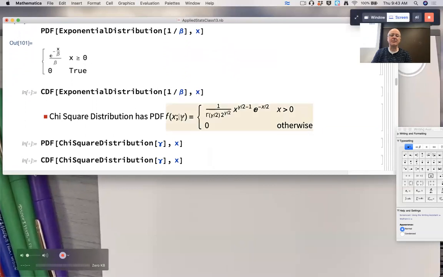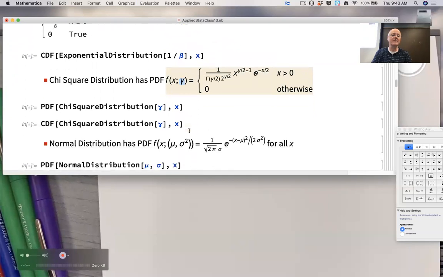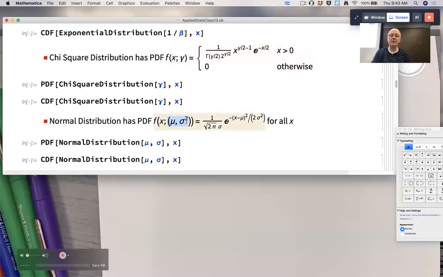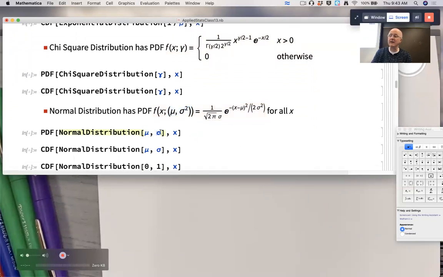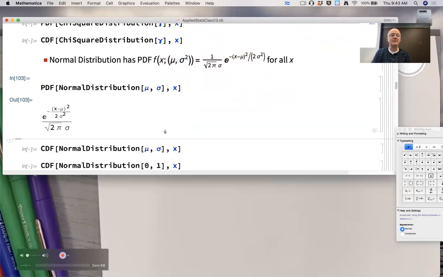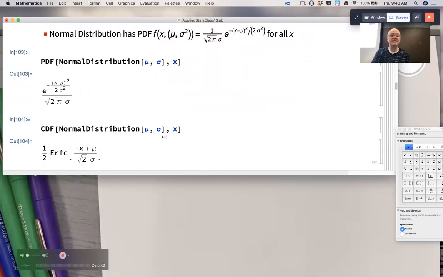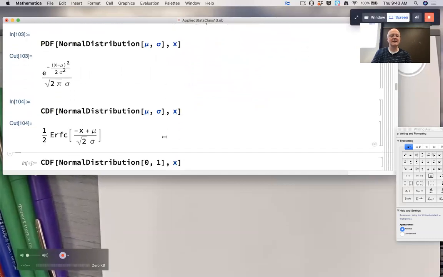Chi-squared distribution has a parameter little gamma, which is the degrees of freedom. Normal distribution has parameters mu and sigma squared, mean and variance. Though in Mathematica, you've got to plug in the standard deviation instead of the variance. There's its PDF. Here's its CDF, erfc.